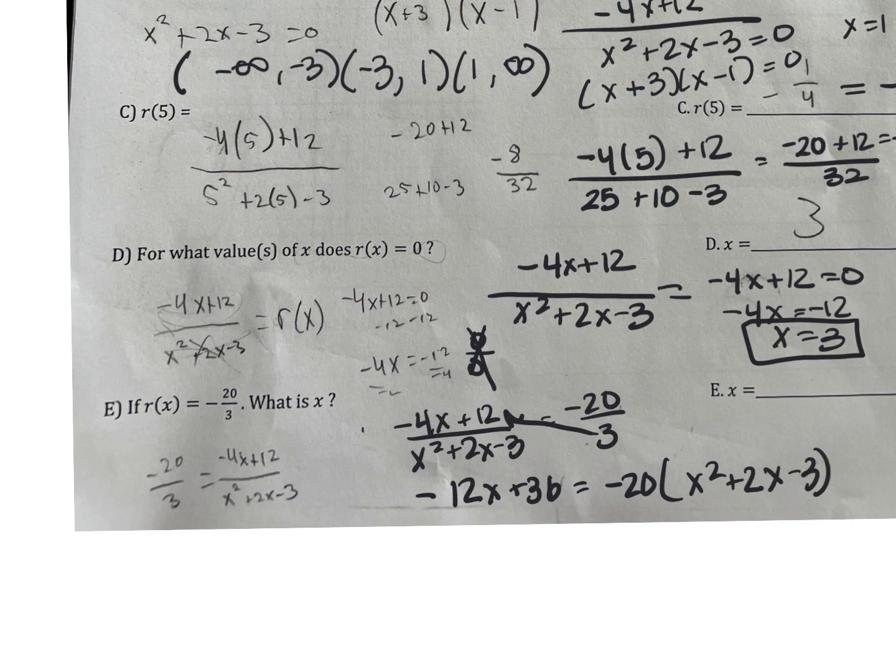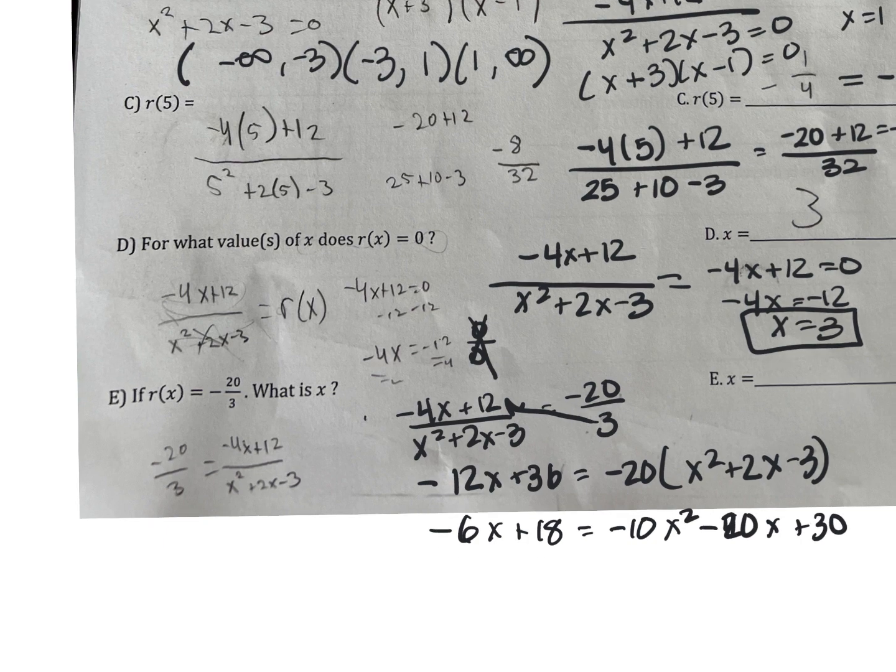All right, I'm going to take a 2 out first. So that's -6x plus 18 equals -10 times x squared plus 2x minus 3. I just took a 2 out of everything. I could take another 2. I could have taken 4 out, but we'll get there.